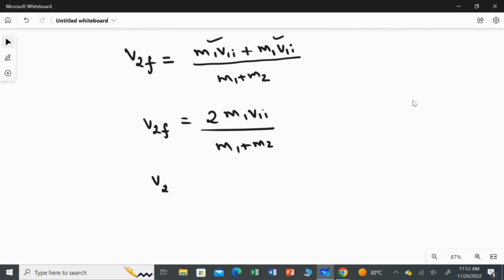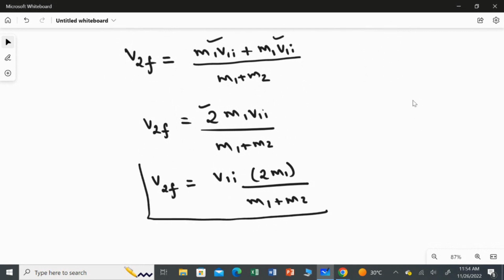So therefore V2 final is equal to, how can I modify it? I can modify it as V1 initial multiplied by 2m1. When you multiply this, you will get the same term again, am I right? Divided by m1 plus m2. So now I am going to check my answer.